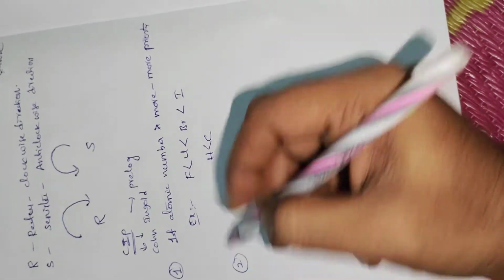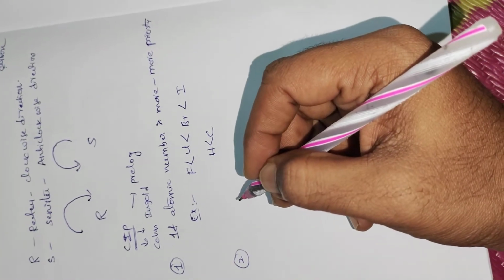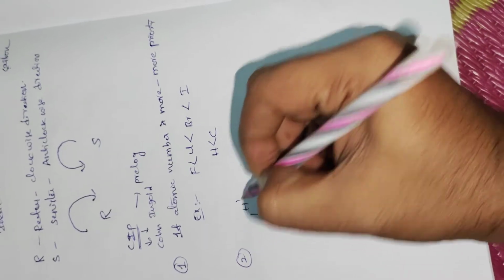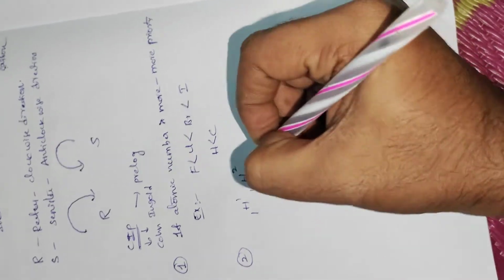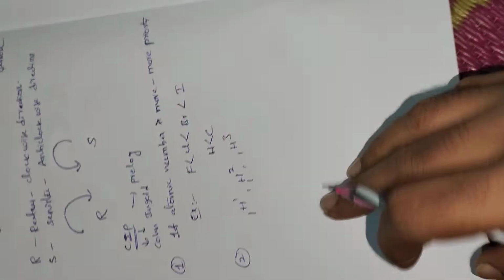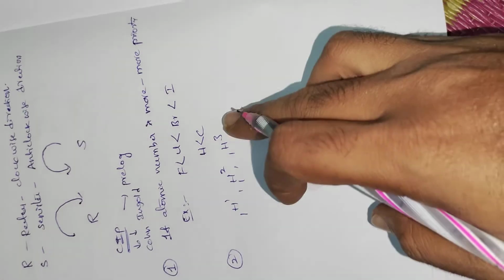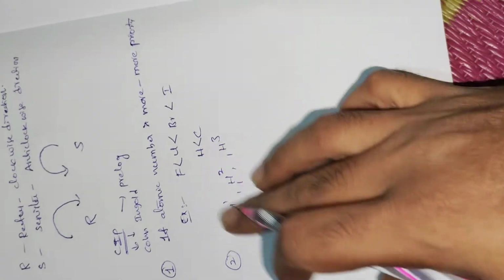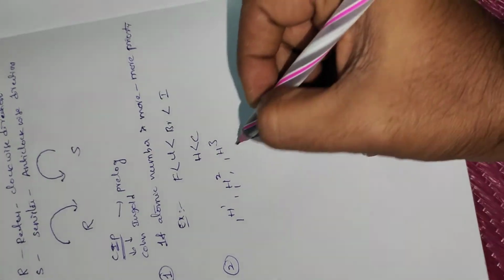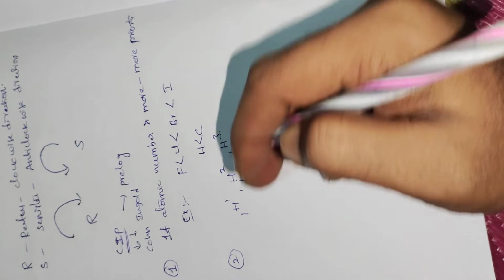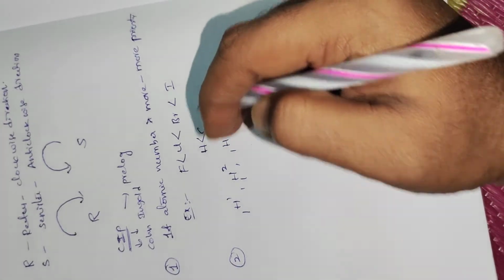Second rule: if the atomic number is the same, as in isotopes, for example 1H1, 1H2, 1H3, the atomic numbers are the same but the mass numbers are different. Priority is then given depending upon the mass number. When the atomic number is the same, go through the mass number.